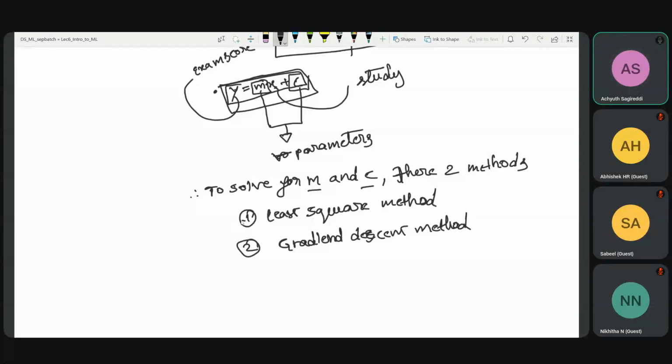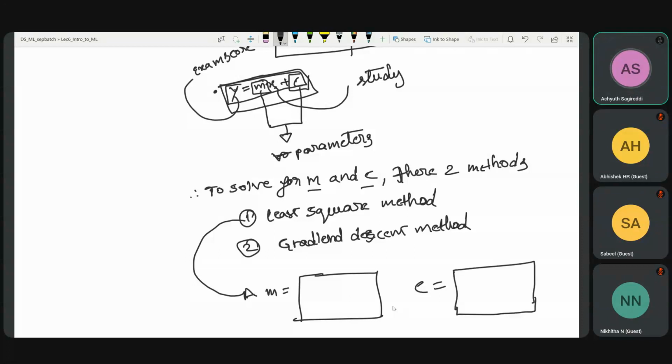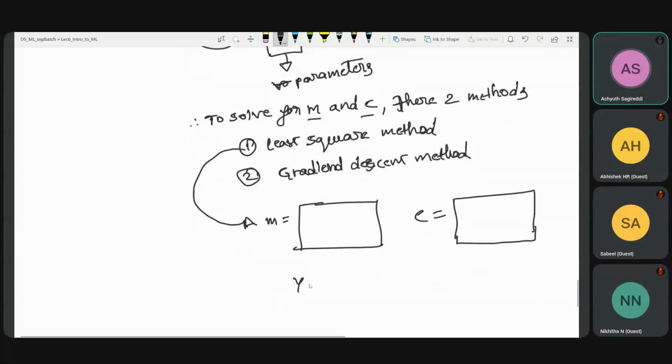In the least square method, there are big mathematical derivations. By doing those derivations, we get some m value and some c value, and we have to use these m and c. You don't know y, but you know the m value, the c value, and the x value.